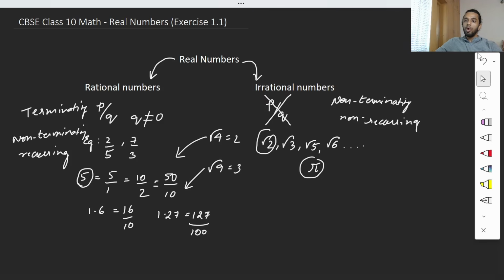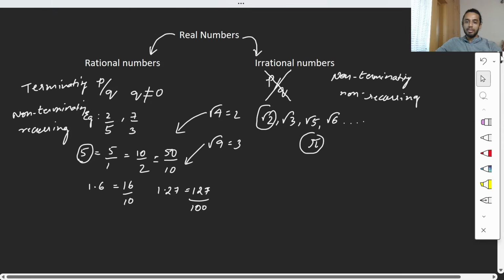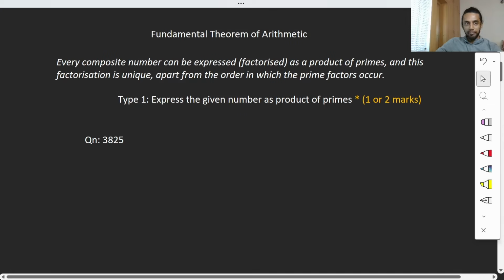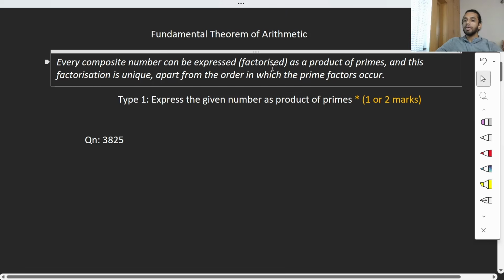Now we will move on to another concept called the fundamental theorem of arithmetic. It goes like this: if we take any composite number, we will be able to represent it as a product of primes. Just a recall of what prime and composite numbers are. Prime numbers are divisible only by the number itself and 1, whereas composite numbers are divisible by some other number as well.